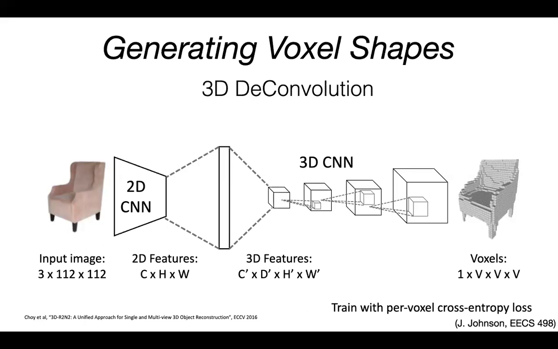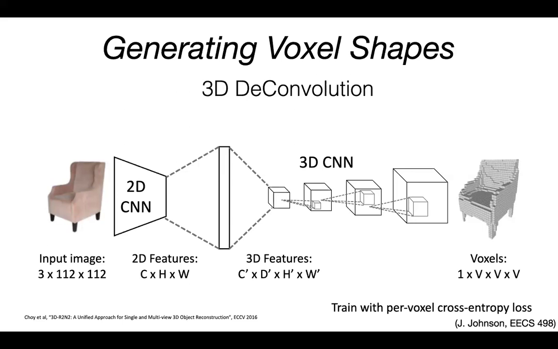And as I mentioned before, we can combine 2D convolution neural networks with 3D convolution neural networks and take advantage of operating convolution in different domains and work with images and shapes. Like in this example, we have an input image and we have as a ground truth a voxel grid. And we want to learn how to generate this.